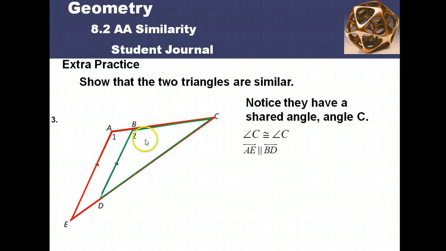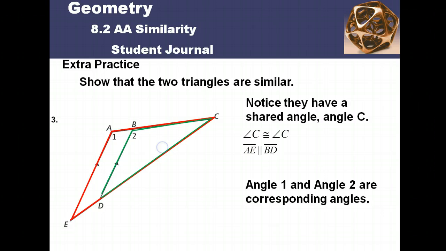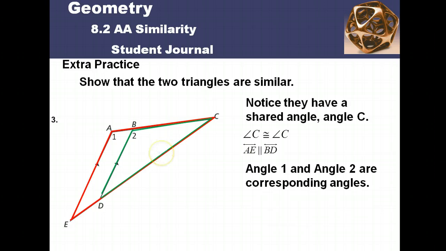Are they alternate interior, alternate exterior, same side interior, corresponding? Well, it turns out that they are corresponding. And we have a theorem that says if the lines are parallel, then corresponding angles are congruent. So I know that angle 1 is congruent to angle 2.